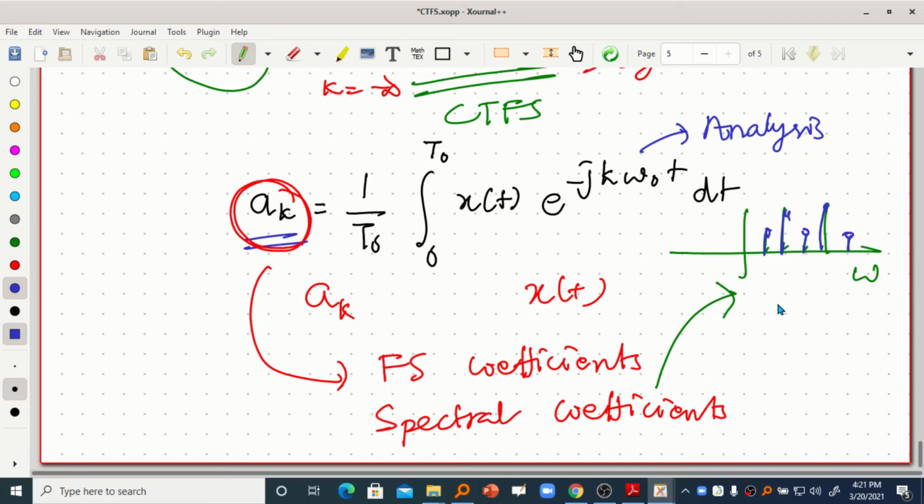So we are getting an idea of the frequency spectrum, what all frequencies are there in the signal x of t. Because of that this is known as the spectrum, and these coefficients are known as the spectral coefficients of the continuous time Fourier series. These two equations, analysis equation and synthesis equation, are very important in solving many problems in signals and systems.